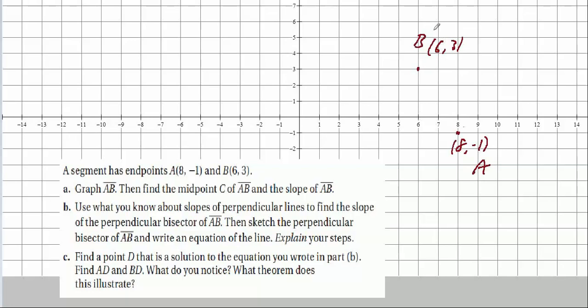Now, if we connect them, we have a line segment, and number 1, what's the midpoint of AB? And the slope. Wow, they want both of them. Well, okay. Midpoint. Well, the x-coordinate of the midpoint would be 6 plus 8 over 2.